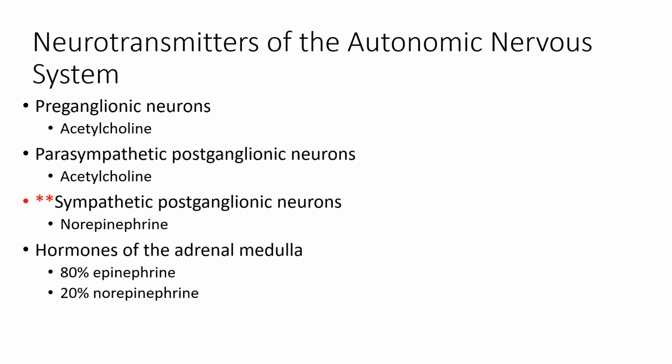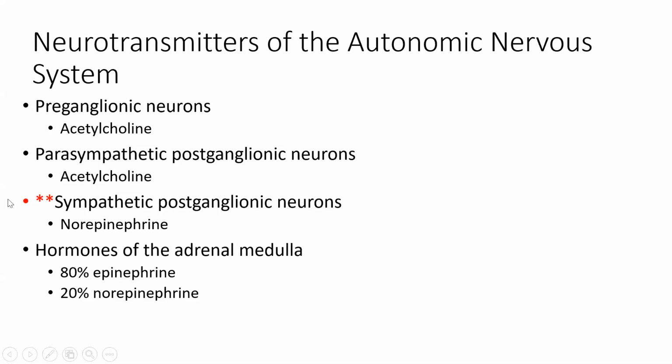Now, parasympathetic postganglionic neurons release acetylcholine as well, but in the sympathetic system, the postganglionic neurons release norepinephrine, okay? This is that second neuron in that series of two neurons. In the parasympathetic system, they release acetylcholine. In the sympathetic system, they release norepinephrine.